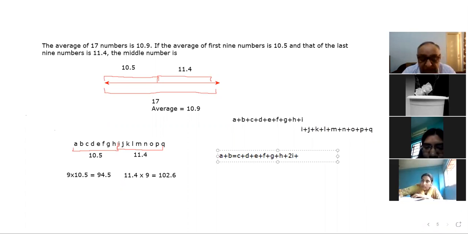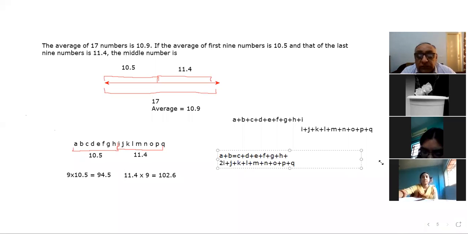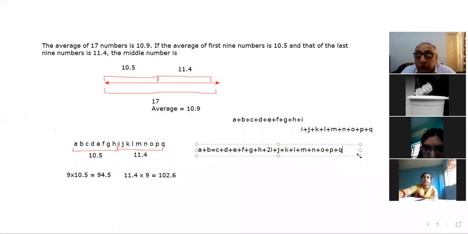Plus J plus K plus L plus M plus N plus O plus P plus Q. So that is equal to this total, and this total would be equal to this 94.5 plus what is there?